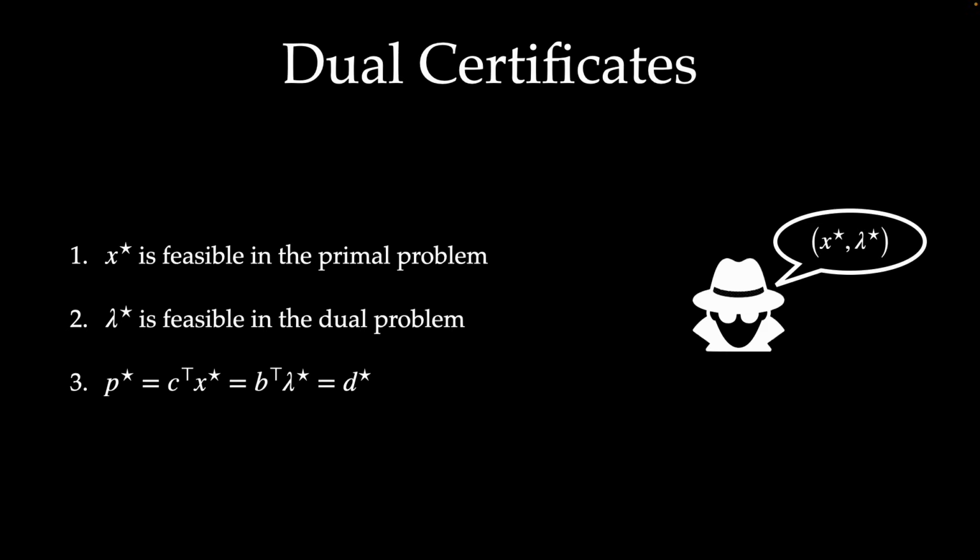And you'll say, okay, one more question. Is b transpose times lambda star equal to the optimal value of your dual problem, and is that equal to p star? And if they say yes to that, then you can confidently say to them, yes, your x star lambda star pair, your primal dual solution pair, is optimal.